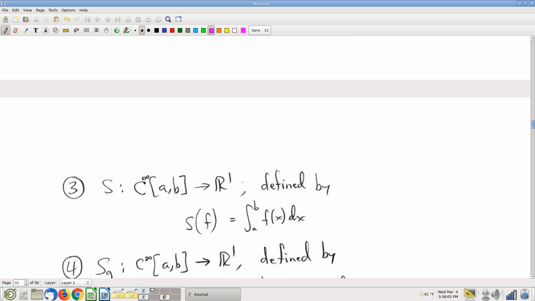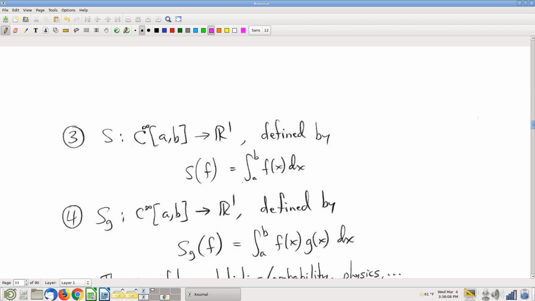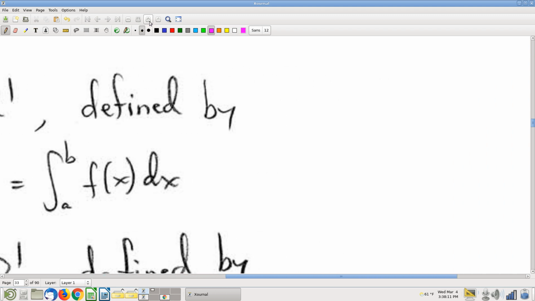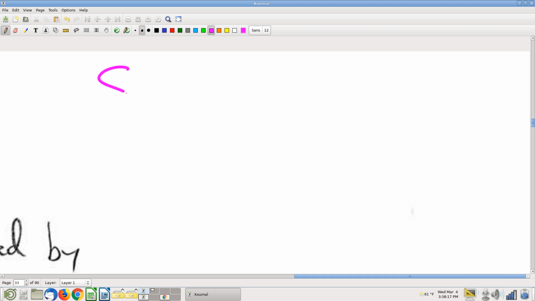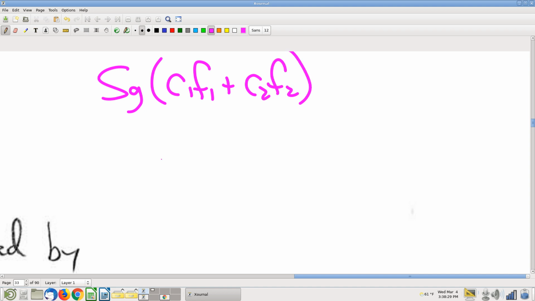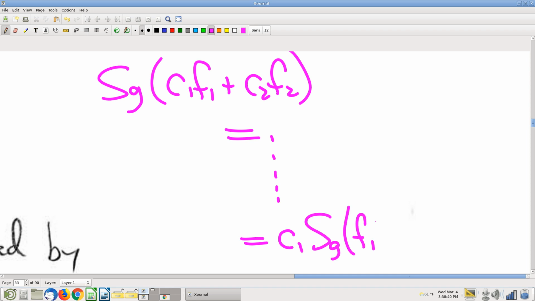What's that going to look like in this case? I'm going to need to zoom in for space reasons. Bear with me a moment. What this is going to look like is I'm going to look at SG of c1 f1 plus c2 f2, and I'm going to confirm by direct calculation that this is c1 SG of f1 plus c2 SG of f2.